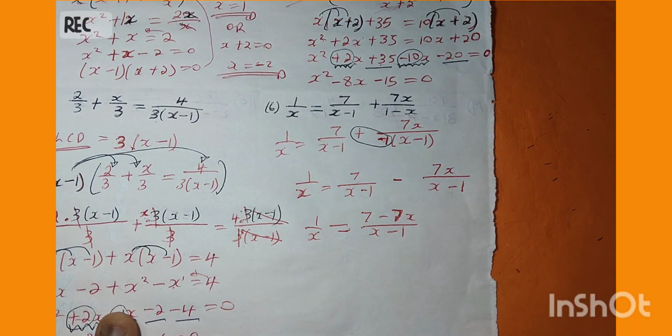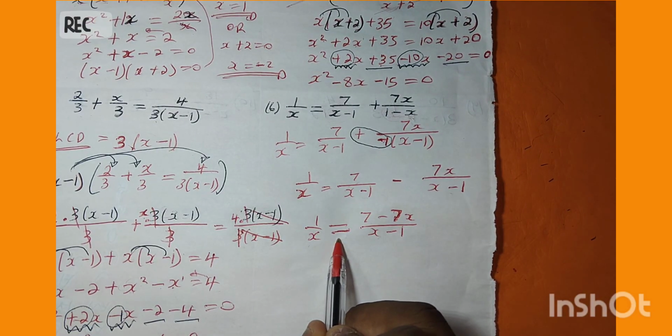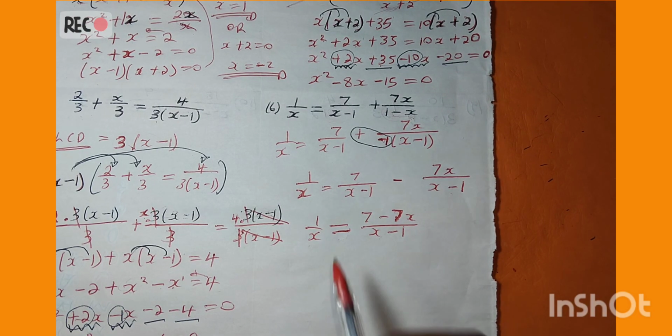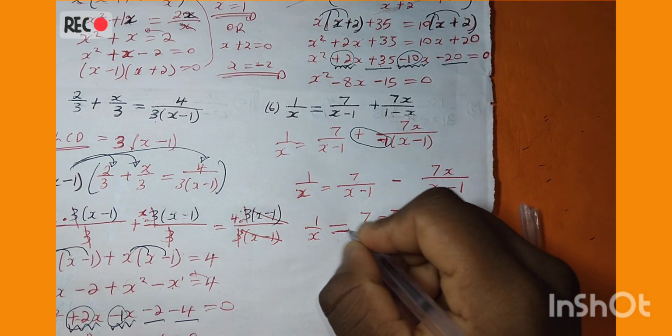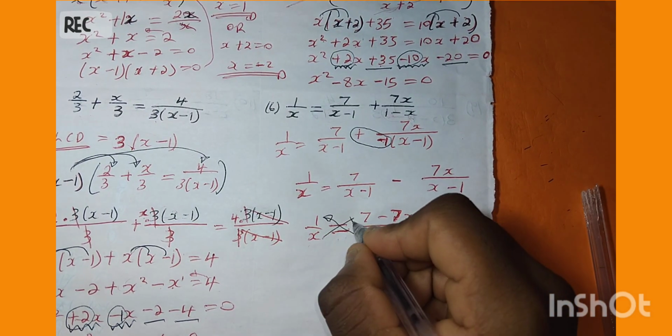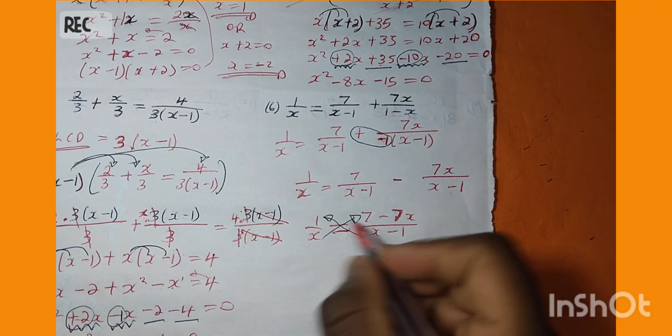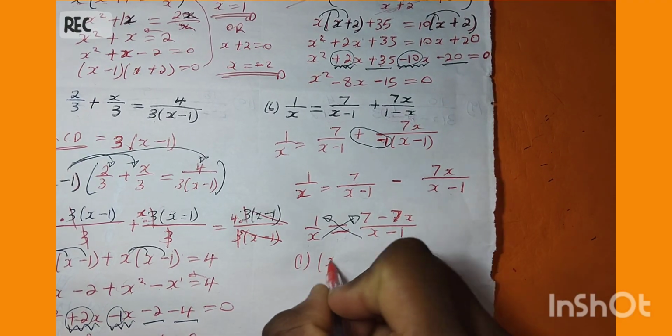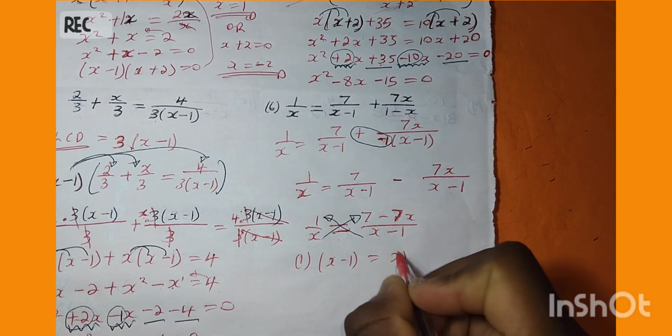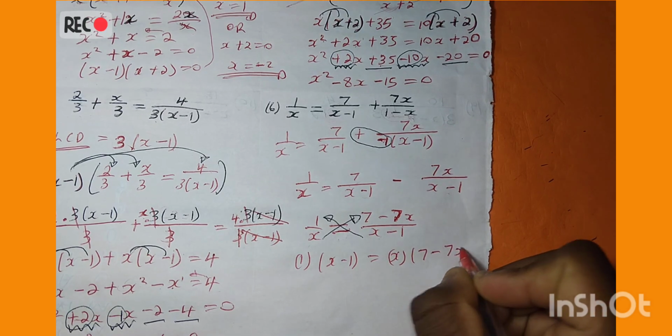Do you see? And now in this case, I got two fractions separated by what? By equal. Meaning that I will do a cross multiply. This will multiply here. This will multiply there. This is what will happen there. This will multiply with this, and this will get multiplied with that one.